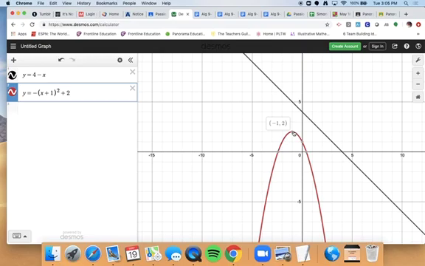Those are when it crosses the x-axis. The only thing that's different about this is instead of focusing on when it's crossing the x-axis, we're focusing on when or if it crosses this other line that's being introduced to it.